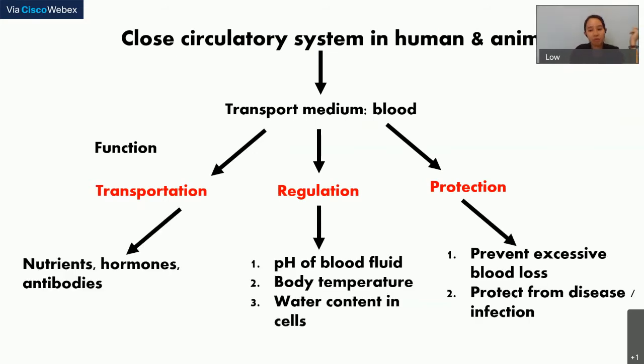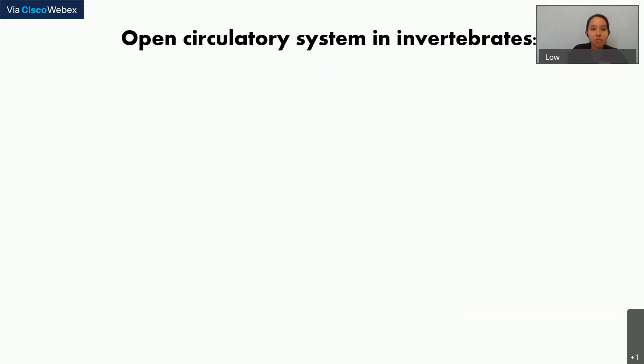They transport nutrients, hormones, and antibodies, and regulate your body pH value, your body temperature, and also the water content in your cells. Then the third one, to protect you from excessive blood loss. For example, if you have a cut, they help protect you from disease coming inside. Okay, so protect from disease and infection.